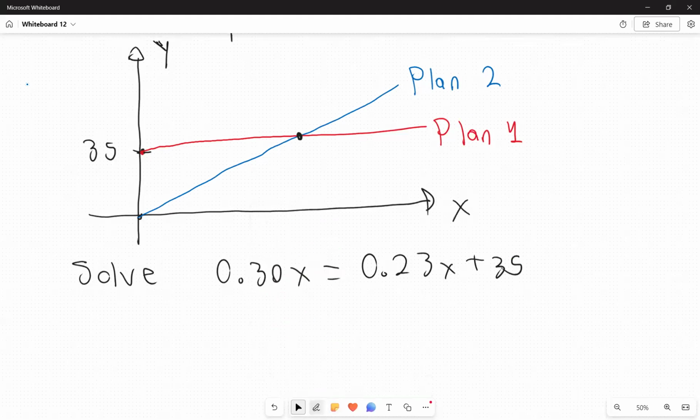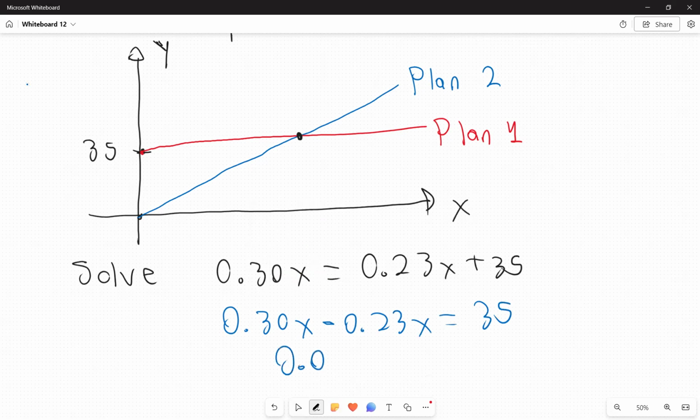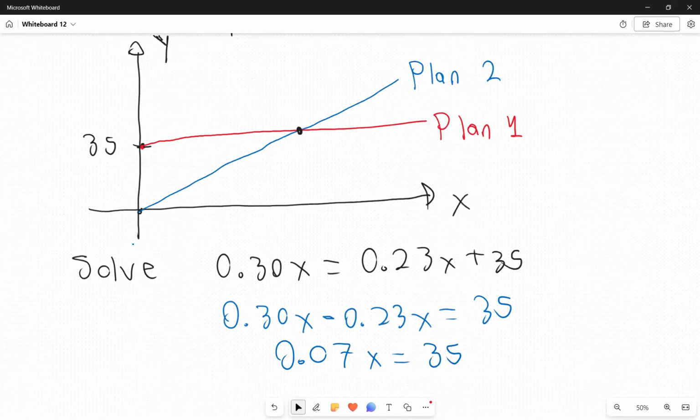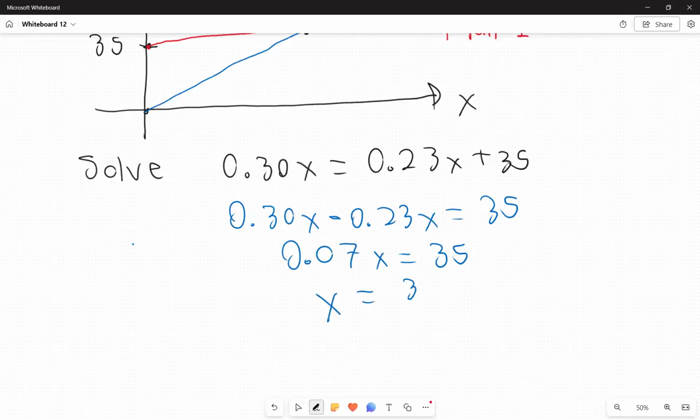And we can subtract 0.23x from both sides, or simply move the 0.23x to the left with opposite sign. So 0.30x minus 0.23x is 0.07x. And for x, divide both sides by 0.07, so x is 35 over 0.07, which is going to be 500.